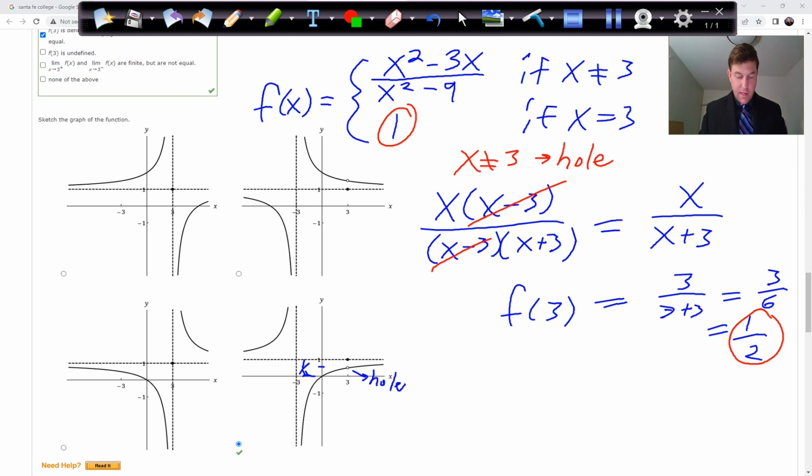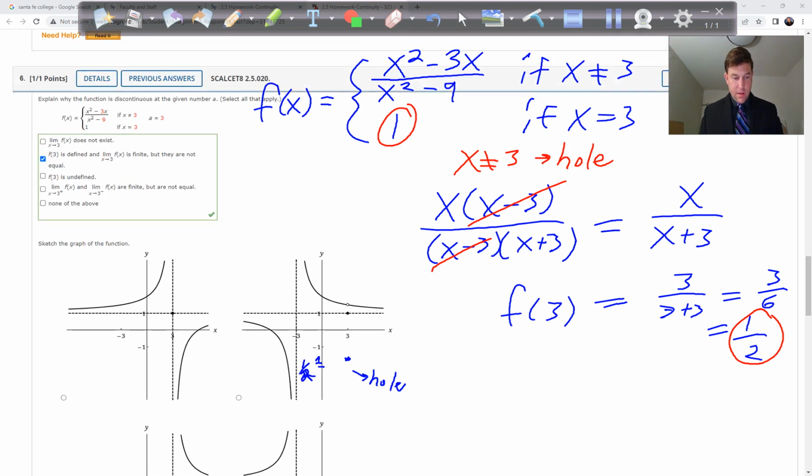And then they filled it in at y equal to 1 right there. So it's like, okay, we've got this hole, and so we'll fill it in at y is 1 at that x value. Okay, now that's fine, but what is it asking?